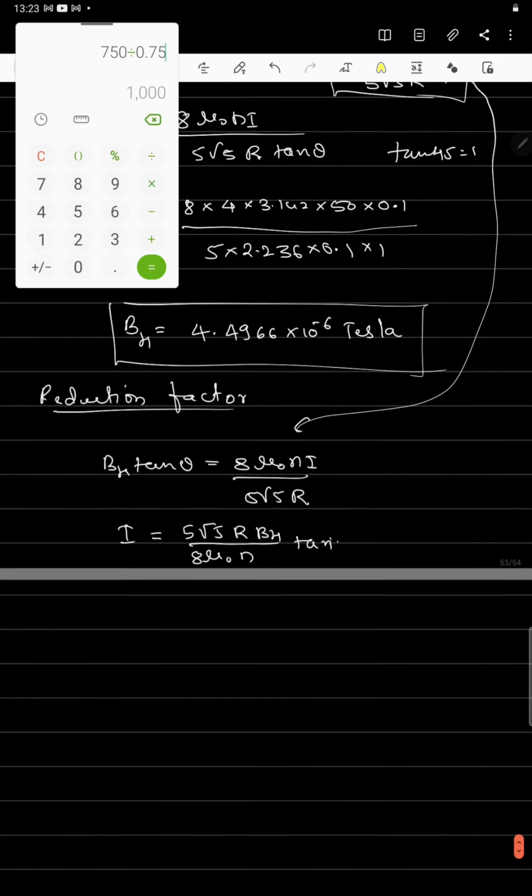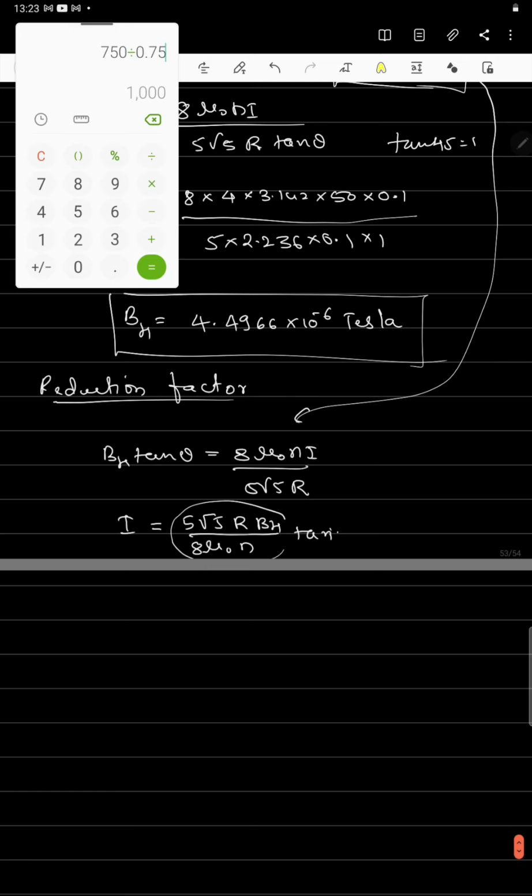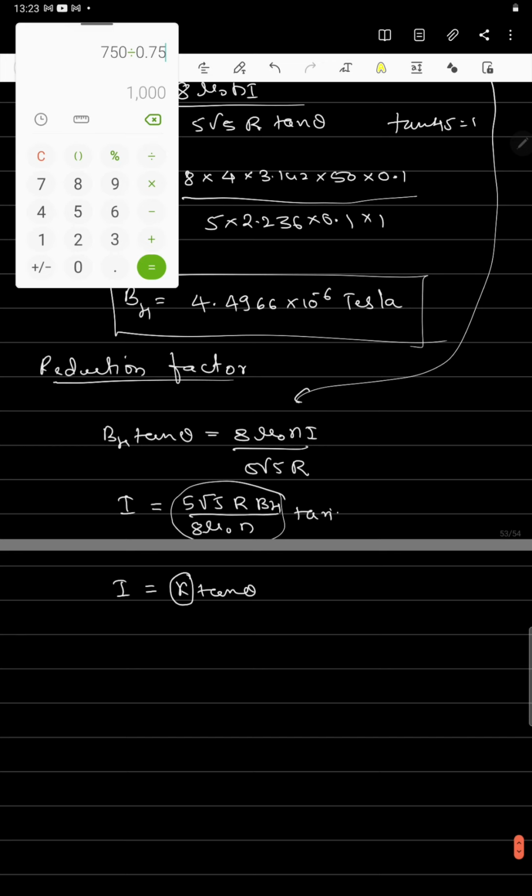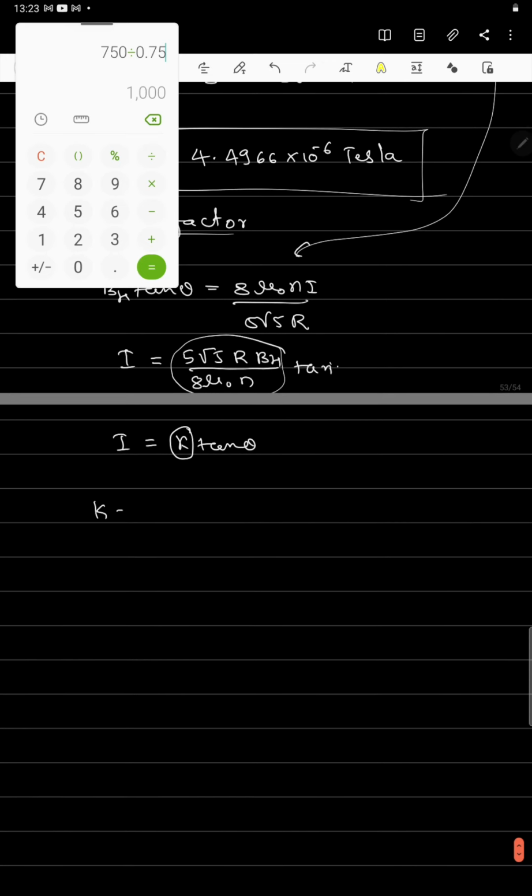So this complete term is nothing but I equals k of tan of theta. This is called the reduction factor of the Helmholtz galvanometer. We'll find that reduction factor: 5 root of 5 into R into BH divided by 8 mu naught N.